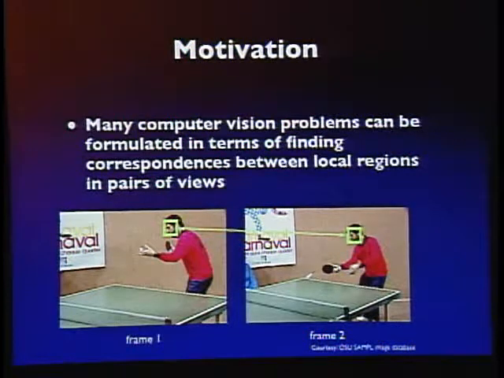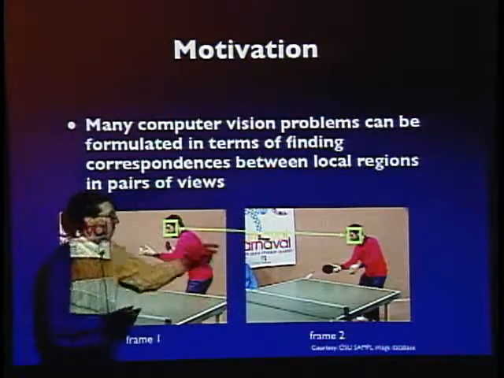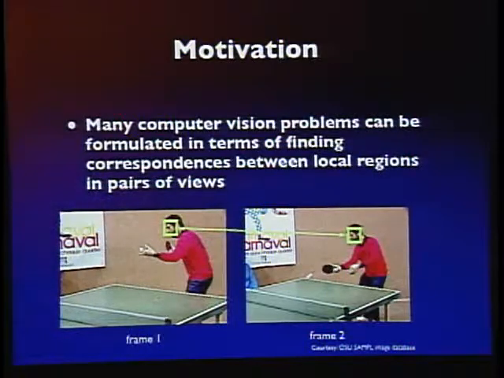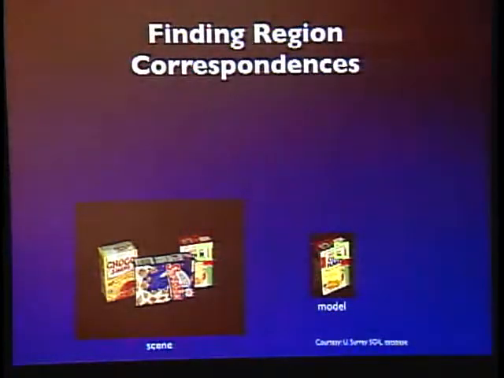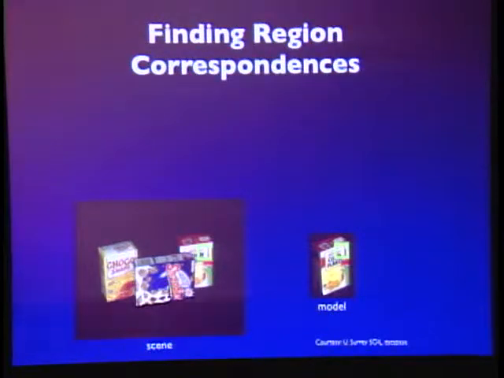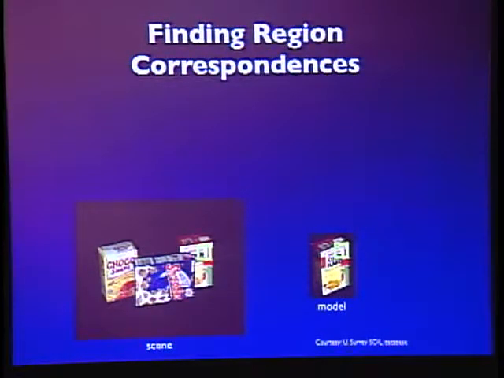So anyways, but again, driving all of these applications is the underlying problem of establishing correspondences between a set of pixels in one image here and a set of pixels in the other image. Finding region correspondences is also at the base of probably, so basically in computer vision or in image processing, the two problems that take up the bulk of the literature are detecting objects in photographs and structure from motion.